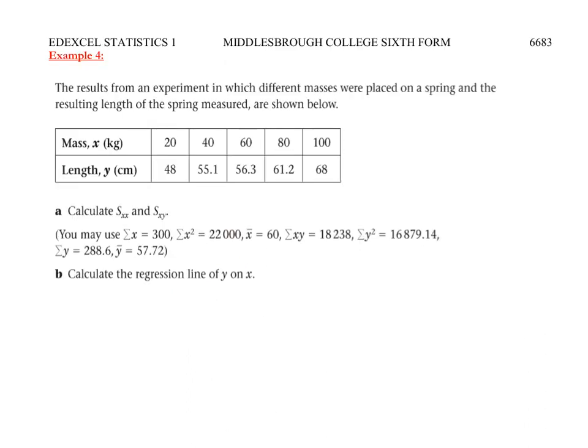Right, we've got an example of it then. Example 4. The results from an experiment in which different masses were placed on a spring and the resulting length of the spring measured are shown below. And you might have come across this in physics before, and it's actually called Hooke's law.